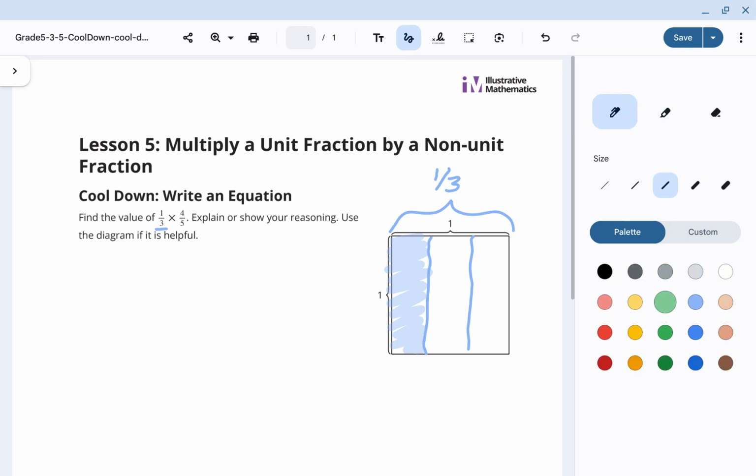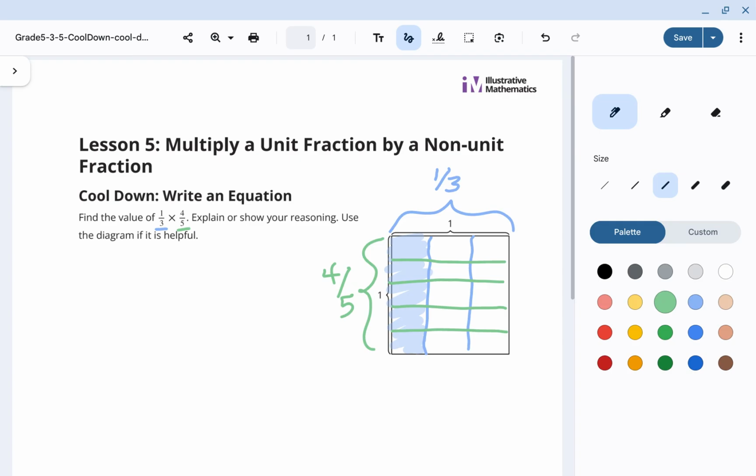Now let's take a look at our second factor. Our second factor is 4/5. And I'm going to show this horizontally in my whole because I am going to shade 4 of 5 rows. So here I have 1 row, 2 rows, 3 rows, 4 and 5 rows.